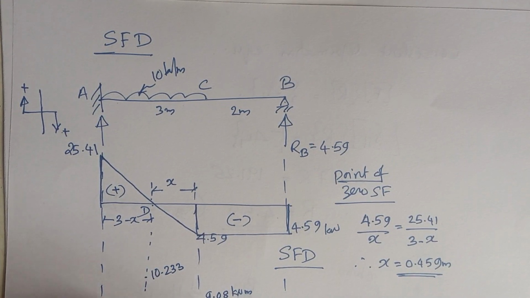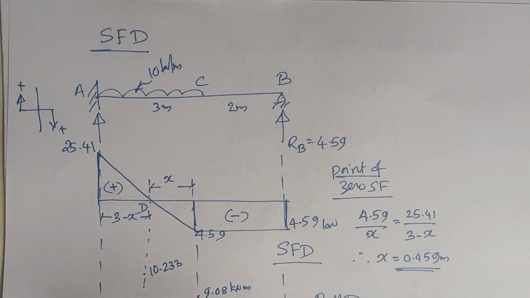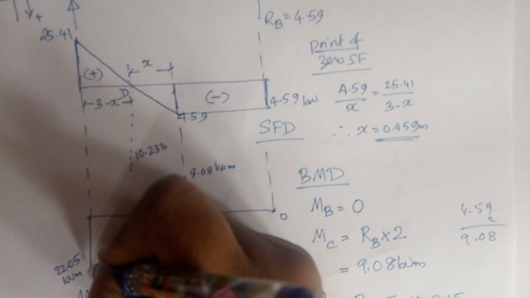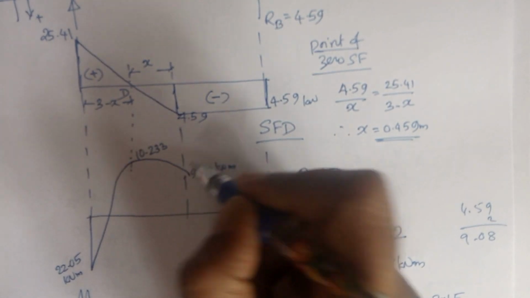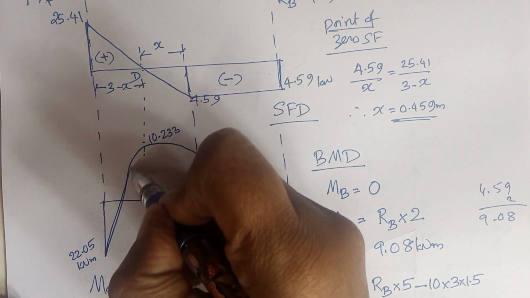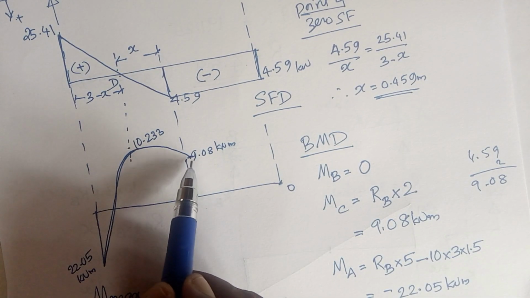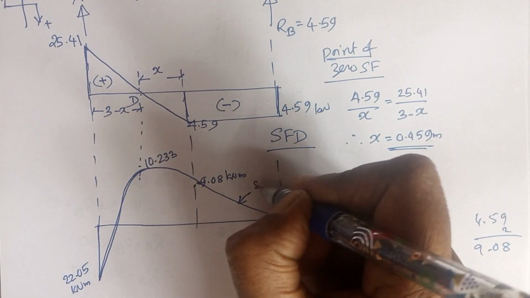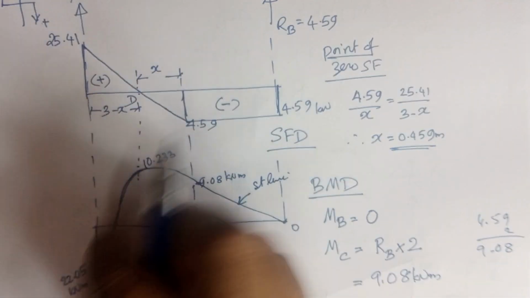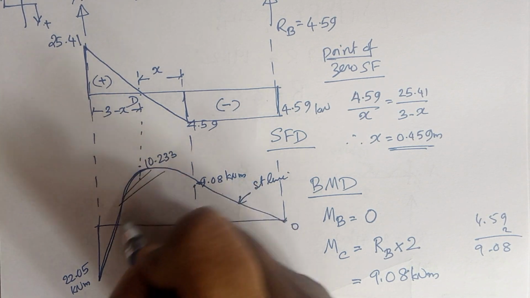Now you see in this portion, A to C, it is UDL. So you have to connect from A to C using a parabolic arc. And from C to B, there is no load, so there should be a straight line. Up to this it is parabola, then from here to this it is a straight line.